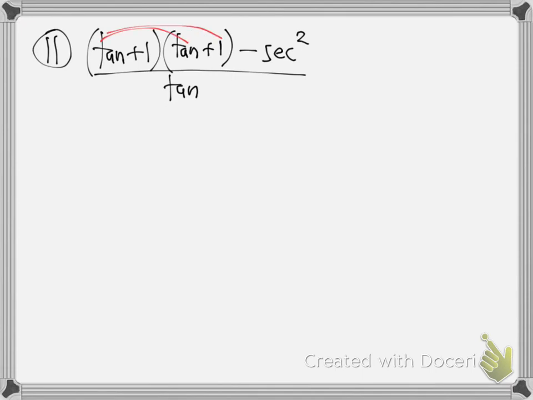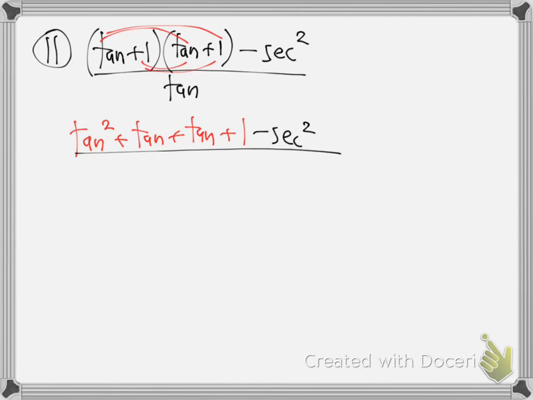So boom, boom. Tangent squared plus tangent, boom, boom. Plus tangent plus 1. Minus secant squared all over tangent. Good so far. Just foil that out. And then kind of gather some like terms here. Tangent squared. 1 tangent and 1 tangent is 2 tangent.